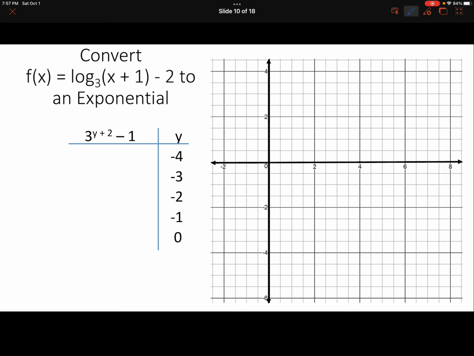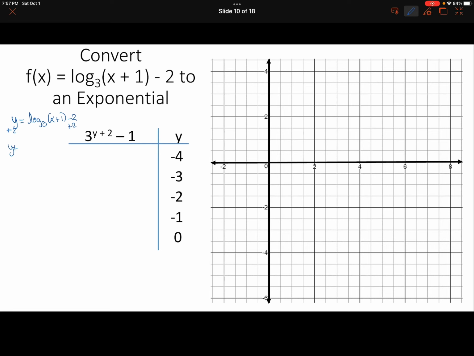So when we're converting f of x equals log base 3 of (x plus 1) minus 2 to an exponential so we can graph it, that's the method I initially started with. So if y equals log base 3 of (x plus 1) minus 2, and I want to convert this to exponential, I first have to get the log by itself. So I would add 2 to both sides.